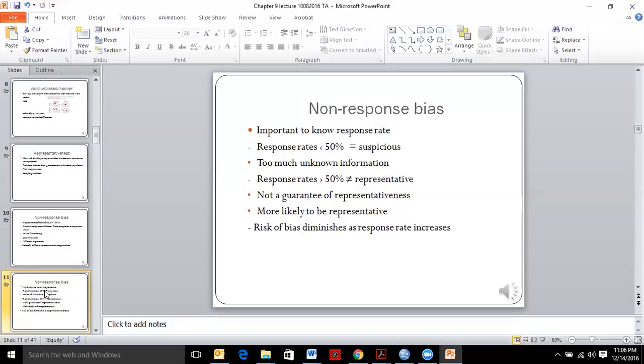And if we have a response rate that is more than 50%, that does not mean it's representative. There's no guarantee of representativeness, but it's more likely to be representative. So from this we can see that the higher the response rate, the higher the representativeness.